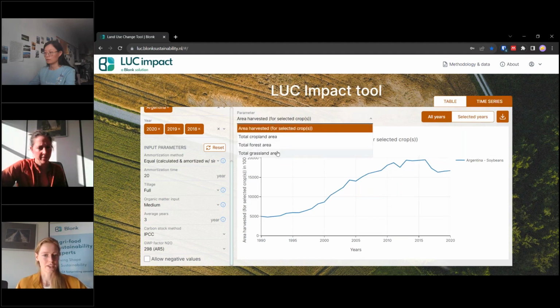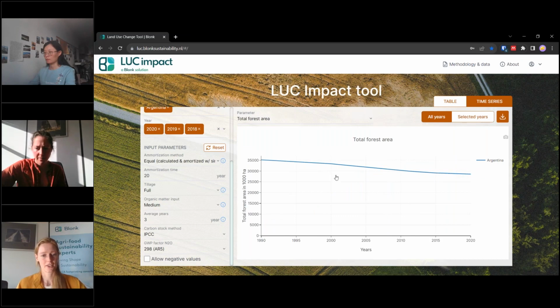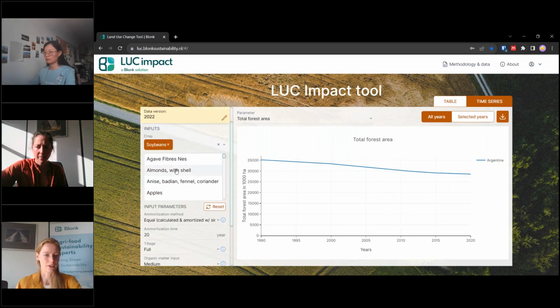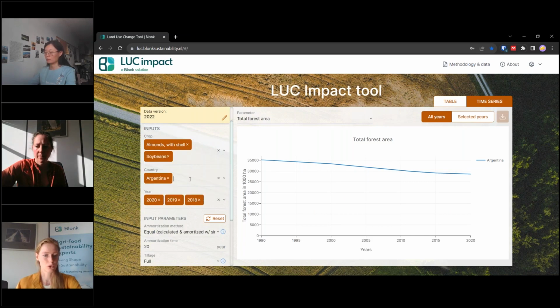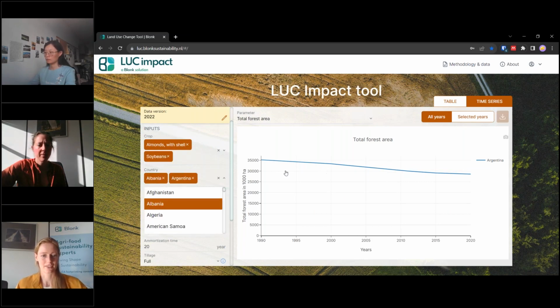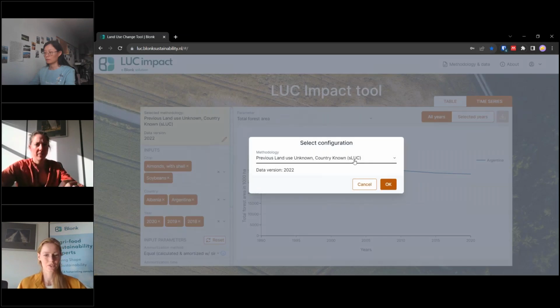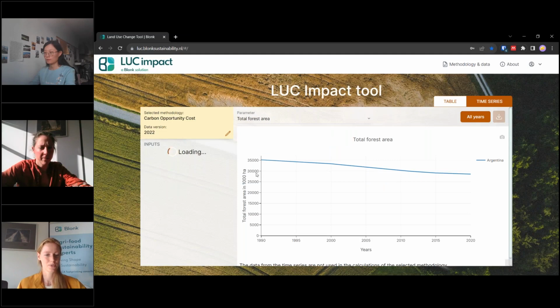You can select from this drop down what kind of parameter you want to take a look at. So area harvested from your selected crop or forest area, and you'll see it in this graph. If we select multiple crops or multiple countries, then they'll also show up in the same graph. I think we're quite short on time, so I'll just show the carbon opportunity cost really quickly.